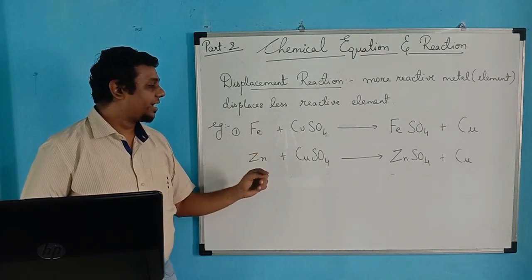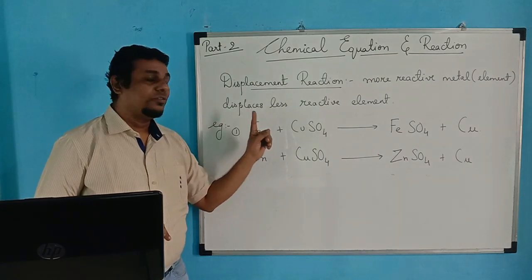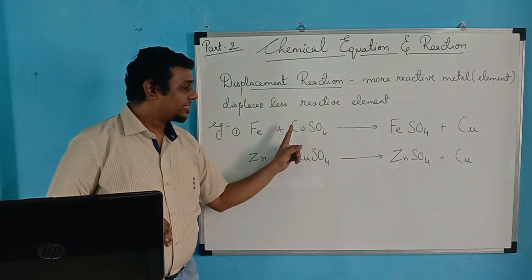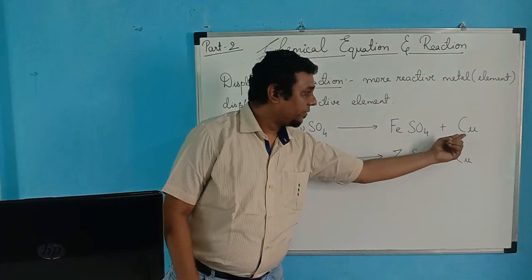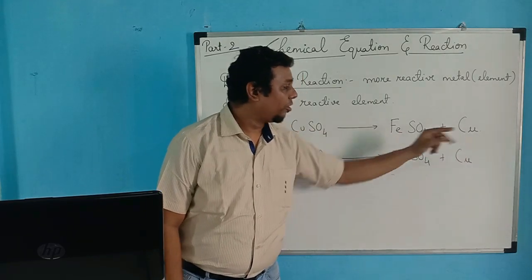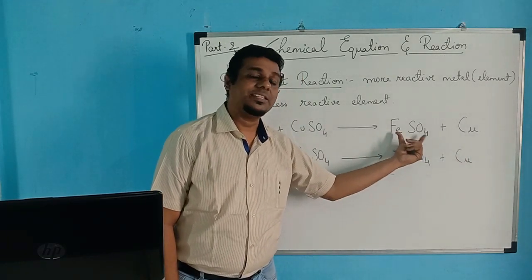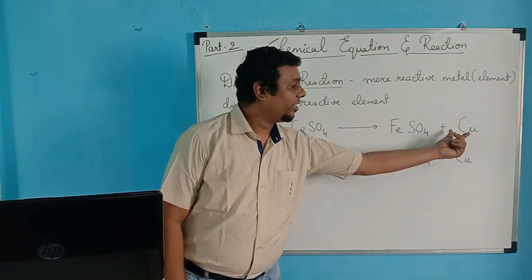In a displacement reaction, the only rule is that a more reactive metal will displace a less reactive metal. Copper cannot displace iron in iron sulfate because iron is more reactive than copper.